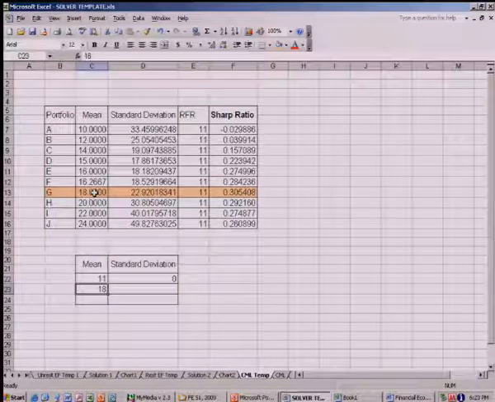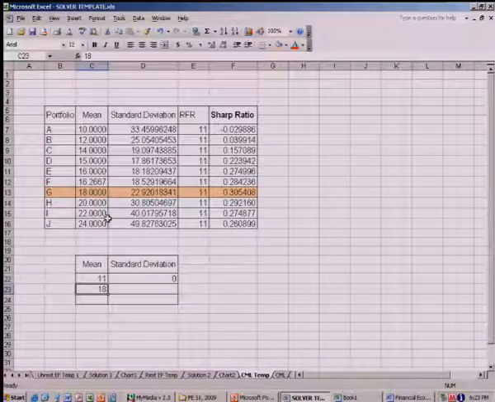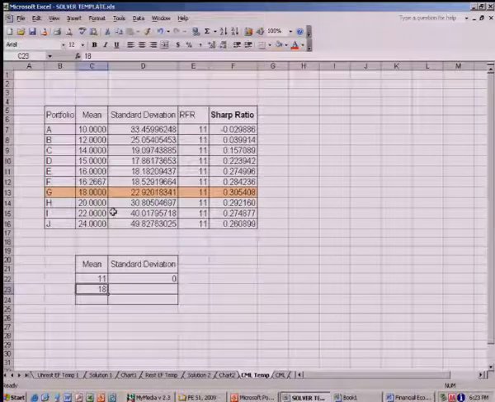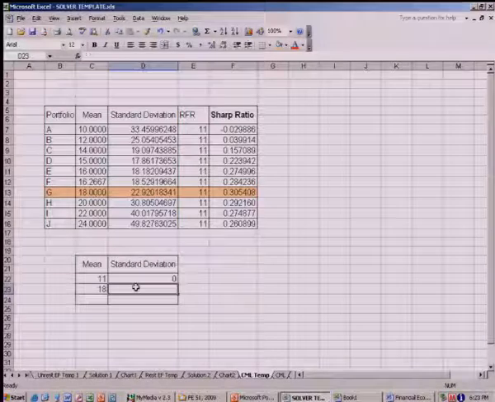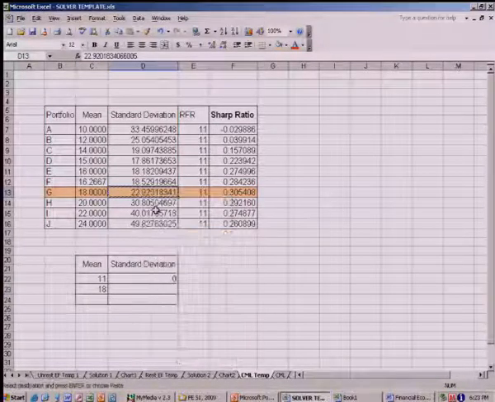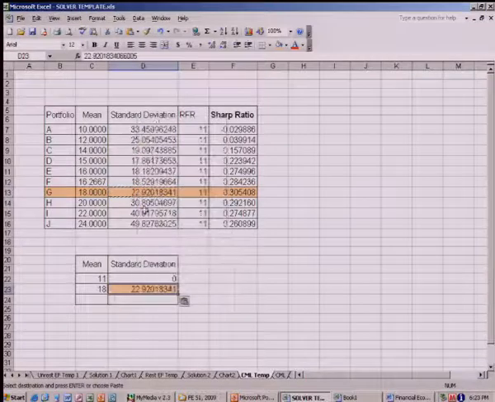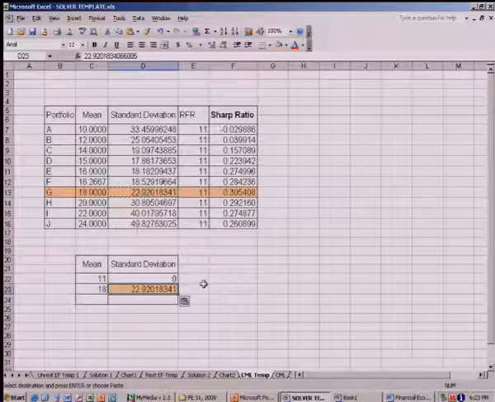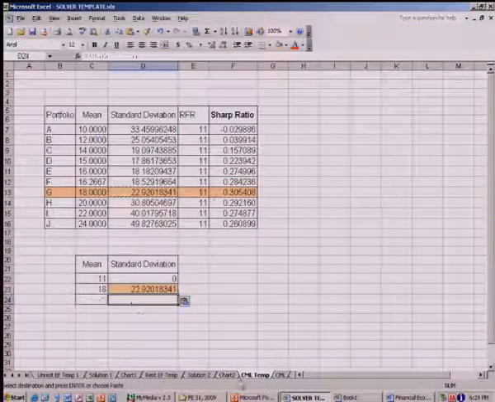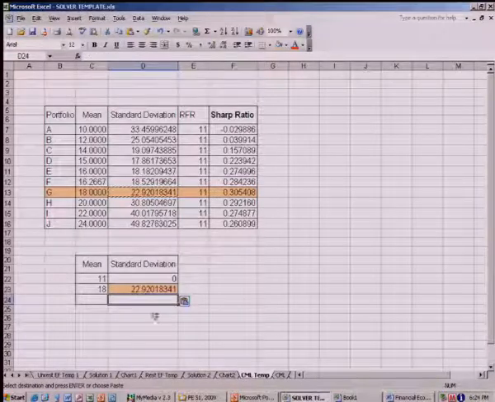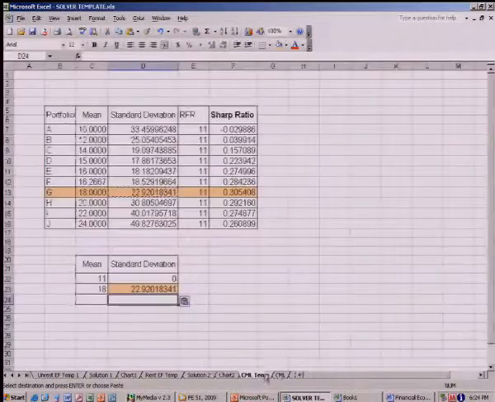And so the following information that I need to enter is for this optimal portfolio which has expected return of 18%. I copy and paste the information about its standard deviation. And now all I have to do is, I'll show you.